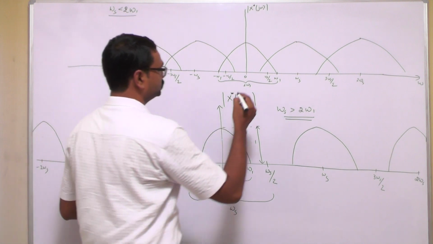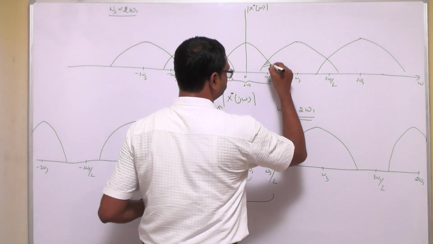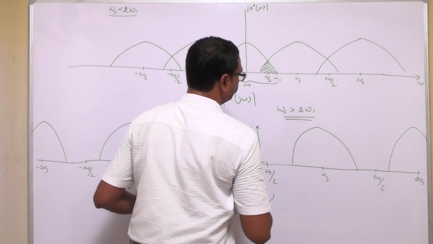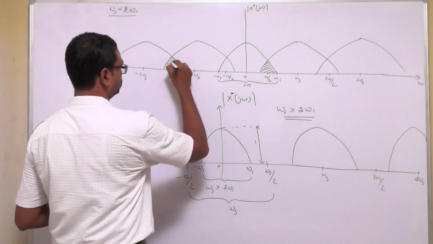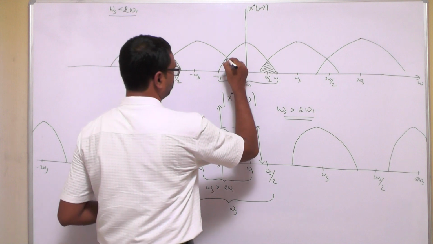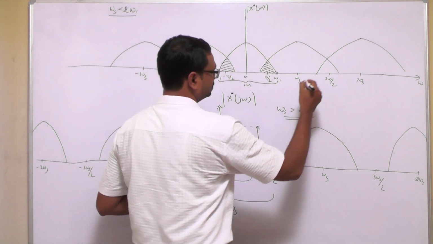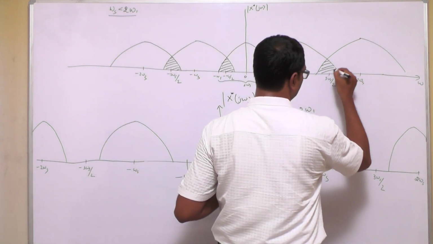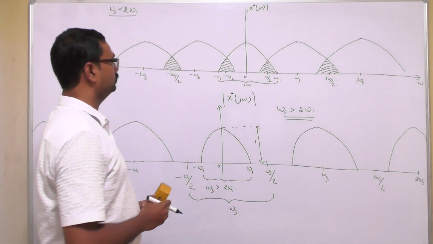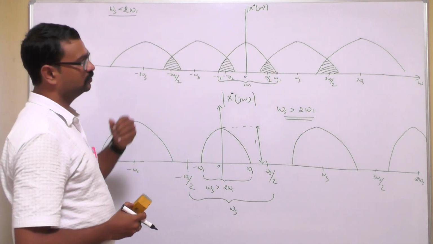Now you have this as the folding region. This is the region where you are losing information.